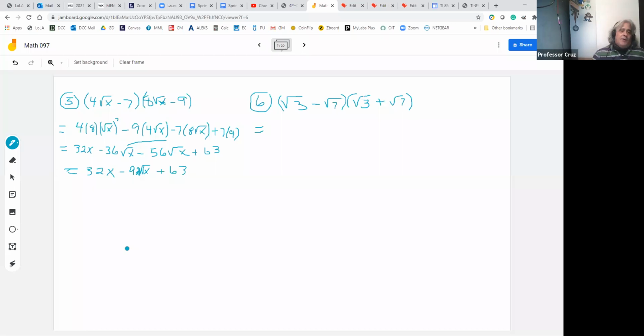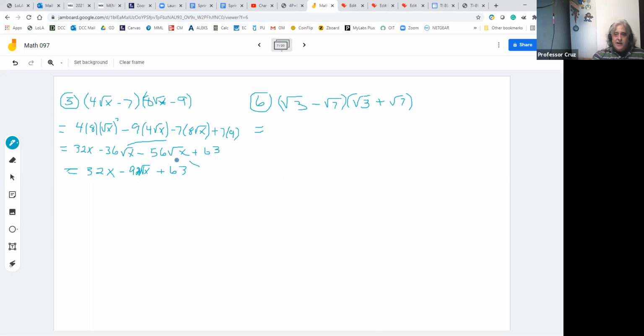We've got three separate terms there. There's no x squared term. That's because when you multiply a square root of x times a square root of x, you just get an x rather than an x squared. And so the one in the middle is just negative 92 square root of x.